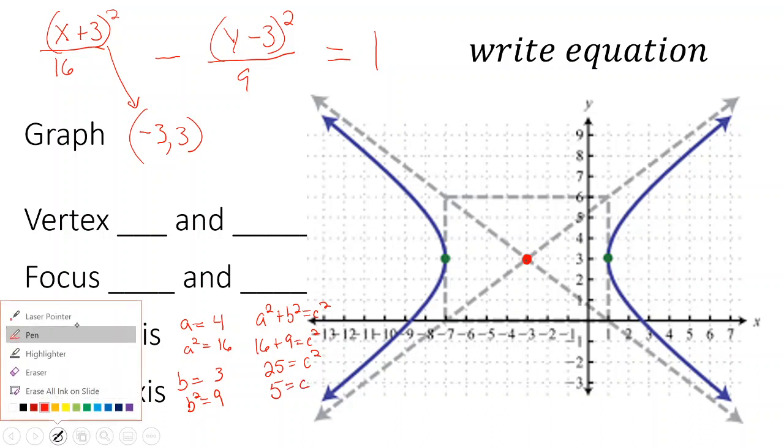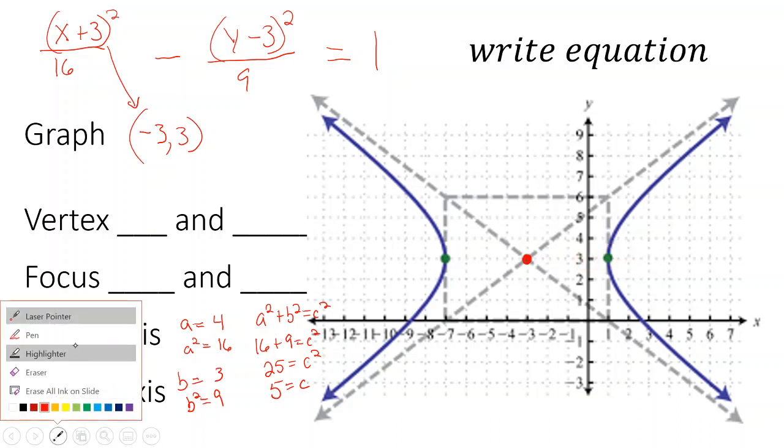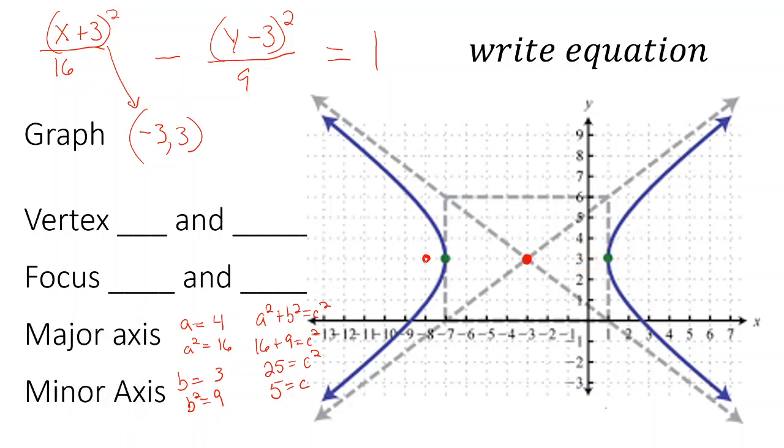We're going to go over like this from our center. 1, 2, 3, 4, 5. And 1, 2, 3, 4, 5. So it just happens to be so nice and cute. So it's right there and right there. Those are my foci. Well, I guess this is a focus and that's a focus.